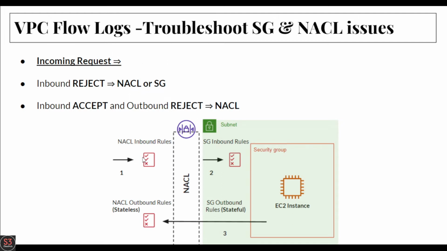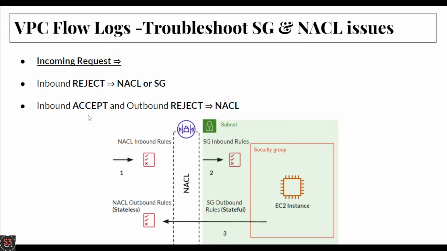As we know, if the request is not accepted by the inbound rules, then the inbound request will be rejected, right? So either the permissions are not matched with the network ACL or they are not matched with the security group. You have to check both the inbound rules and then fix that issue.